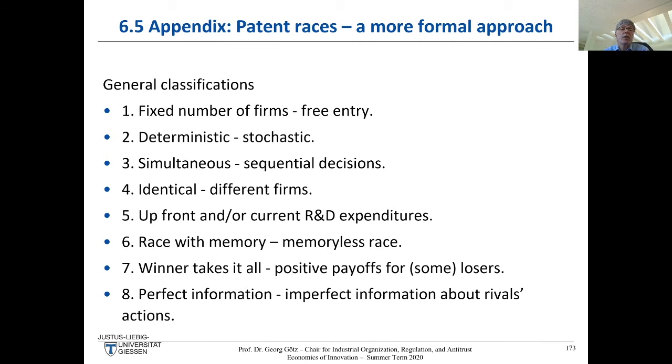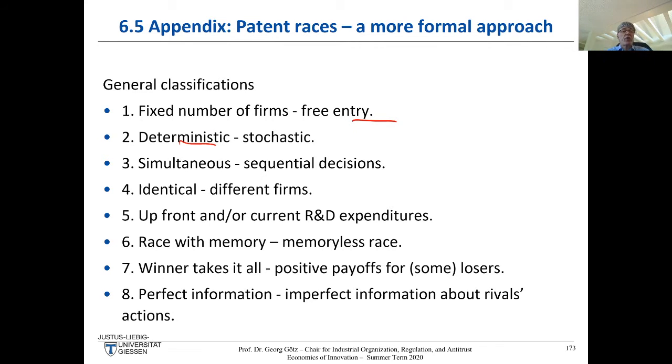Okay, so that was pretty much what I wanted to tell you about patent races. When I started my career in the 80s, patent races were everywhere, published in each issue of each journal, and they had very different versions. We had fixed numbers of firms versus a free entry number of firms. We had deterministic patent race models and stochastic models.